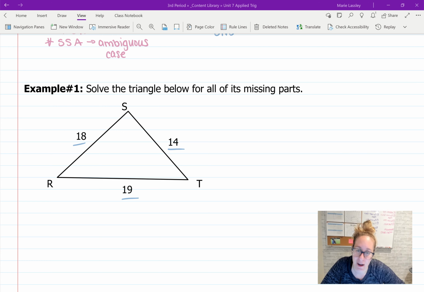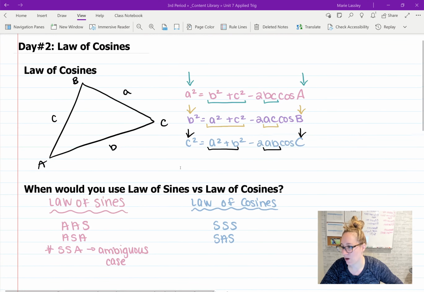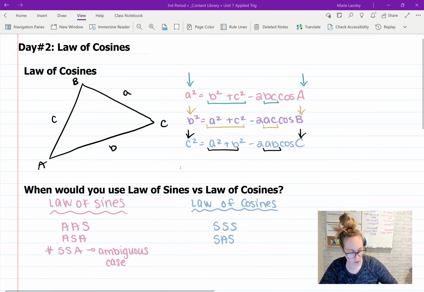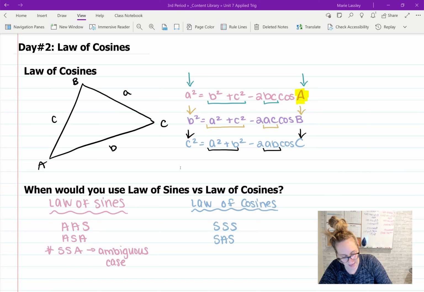So I'm going to solve for angle S. If S is the one I'm solving for, if we go back up to our law of cosines, the side opposite the angle that we are isolating is the one that's going to go by itself.